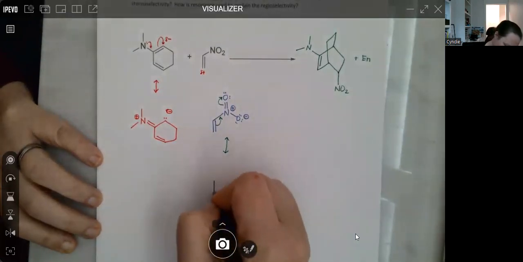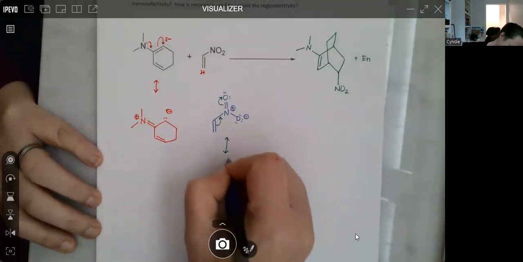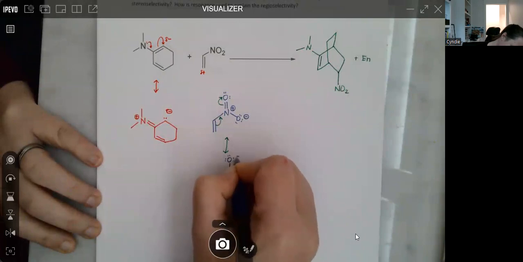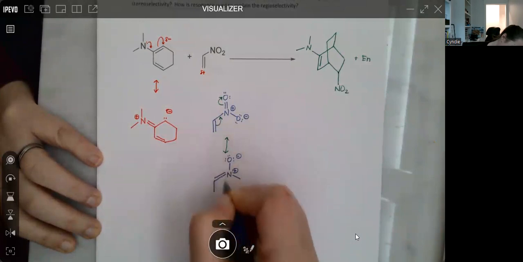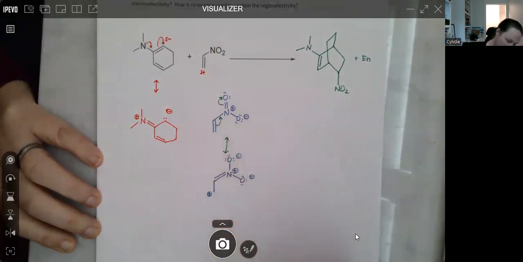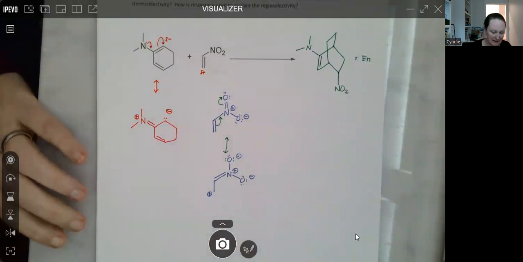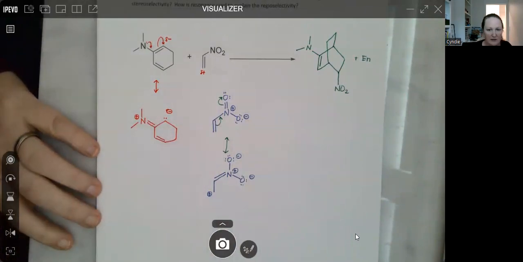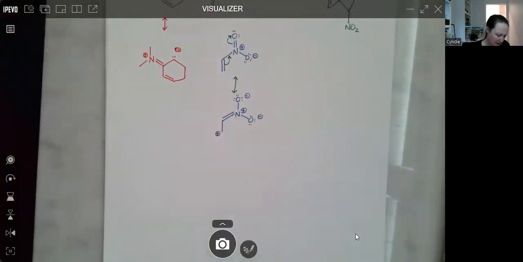And that just makes it avoid forming anything insignificant. Okay, so resonance shows us the delta negative and delta positive, which allows us to draw these in such a way that they'll form an electrostatic attraction, right?